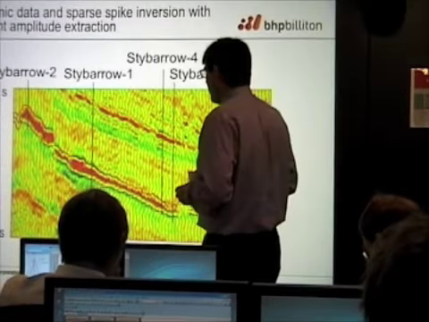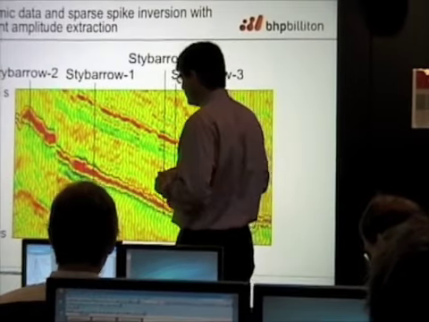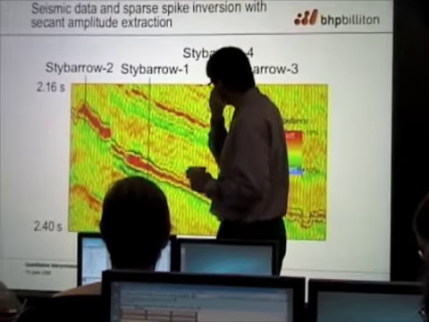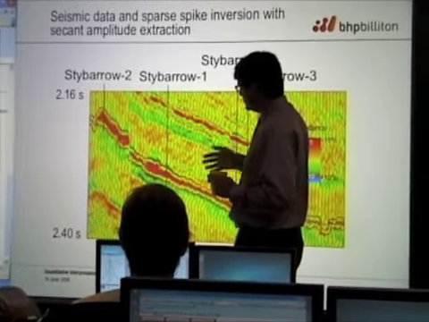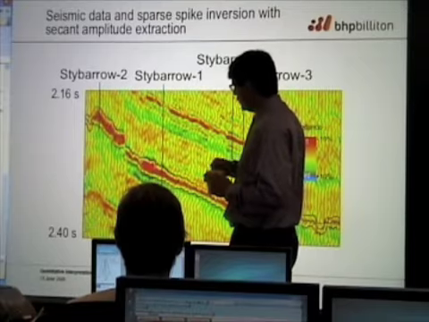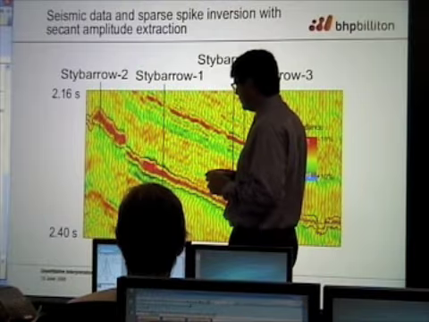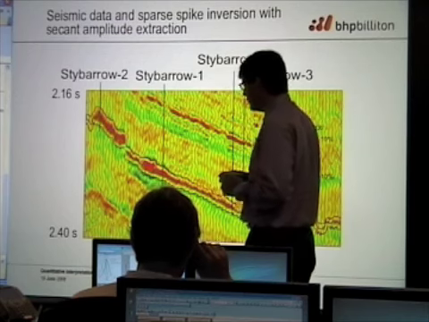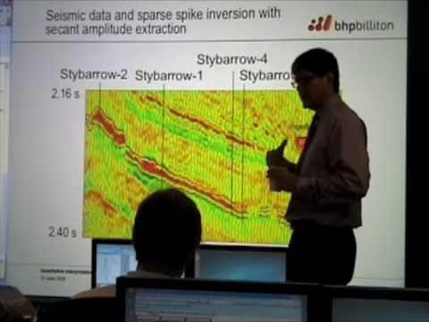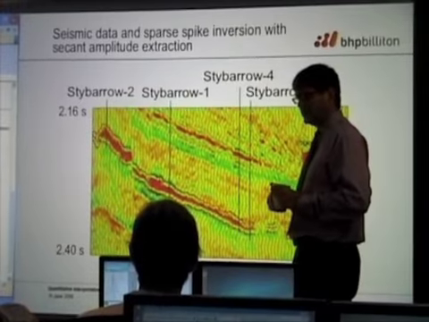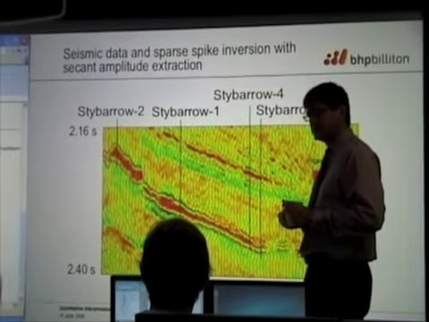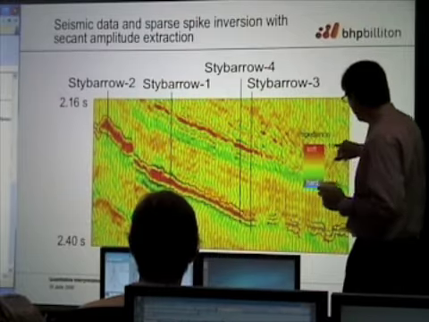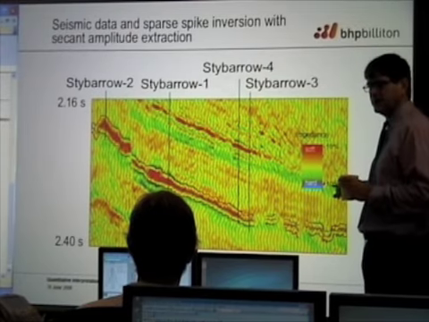What type of amplitude extraction do we tend to do on a sparse spike inversion? We tend to work with the band limited version of the inversion. We also don't change those into impedance units. We work with it before it's converted, in terms of reflectivity units.